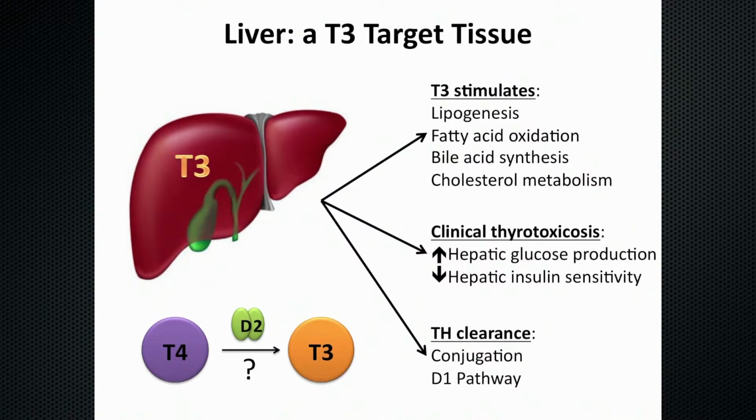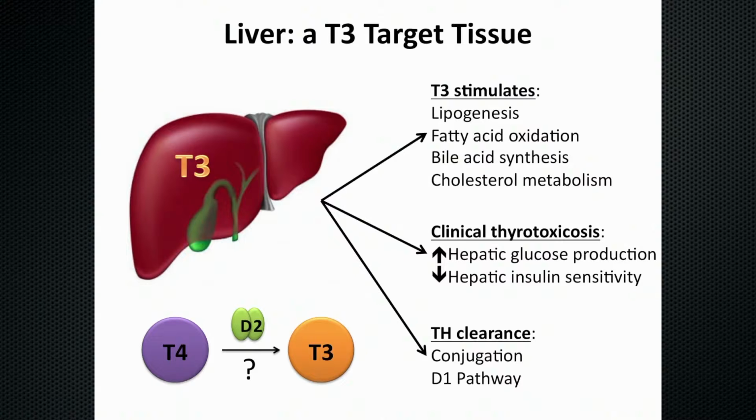We know that T3 in the liver stimulates lipogenesis, fatty acid oxidation, bile acid synthesis, cholesterol metabolism. We know from clinical studies in cases of thyrotoxicosis that T3 induces hepatic glucose production and decreases hepatic insulin sensitivity. And we also know that the liver is an important site of thyroid hormone clearance through both conjugation and through activation of the D1 pathway.